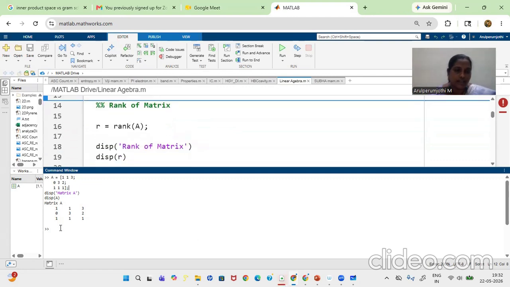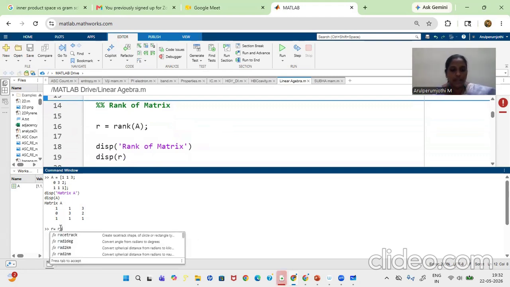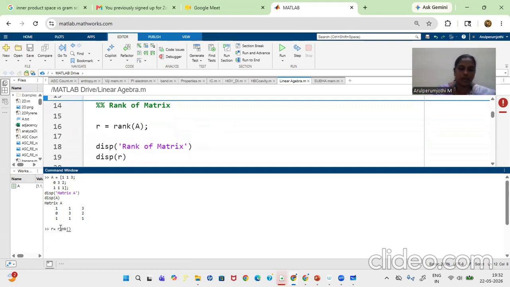So what is the rank of a matrix? R is equal to rank of A. If you put semicolon, then it won't display the output.